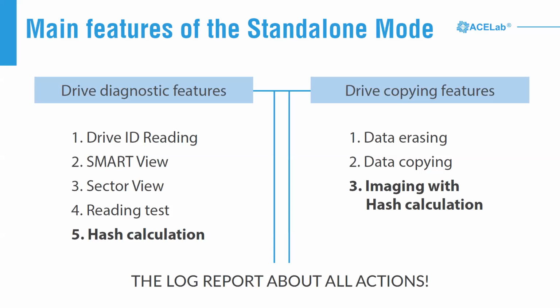It's very important to erase all information that was previously recorded on the drive, because we are going to use it as a target drive, to which we are going to make a copy. With the help of the portable in standalone mode, you don't need a host computer. You just plug several hard disk drives into your portable system, and you can copy from one drive to another one or two drives that you connect to the portable system.